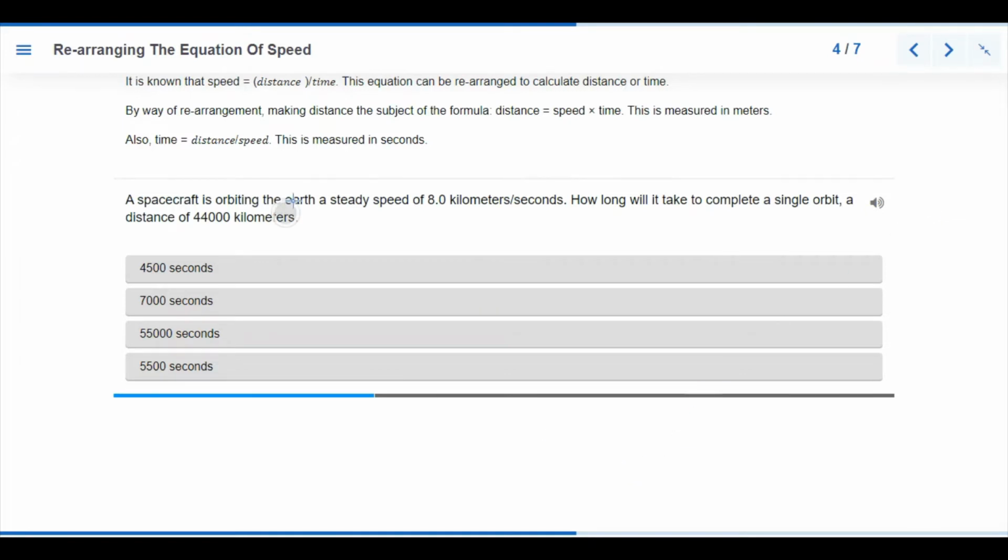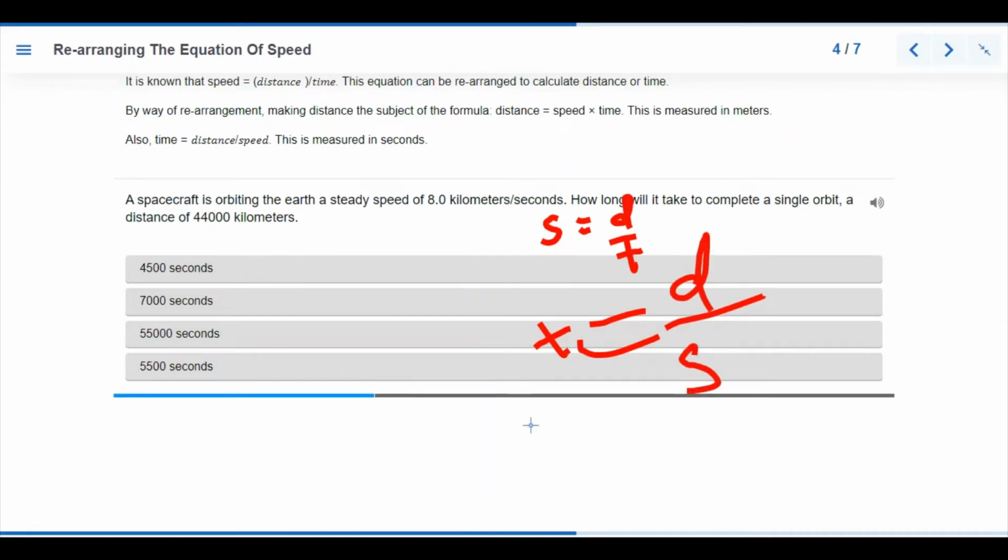Now, we know that speed is equal to what? Distance over time. Then time is equal to distance over speed.